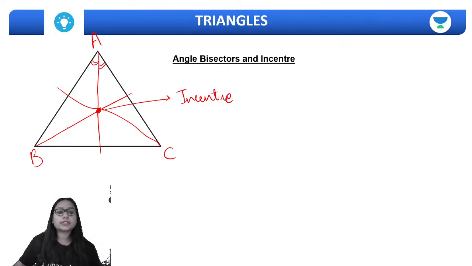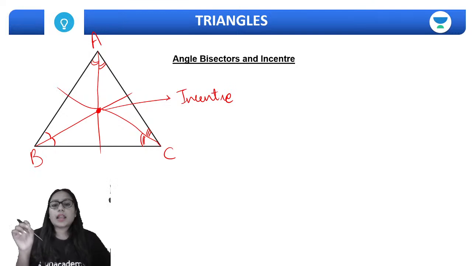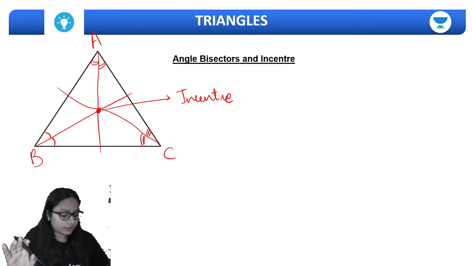This angle is equal to this, and this angle is equal to this. I hope the concept of angle bisectors and incenter is clear to all of you. The point of intersection of all the angle bisectors is known as the incenter of the triangle.